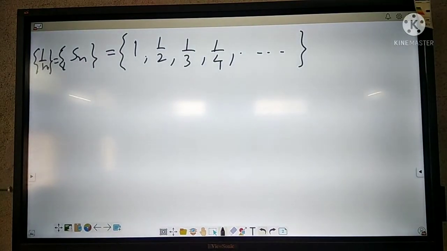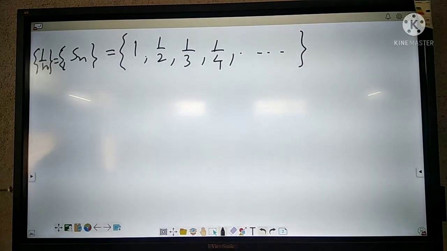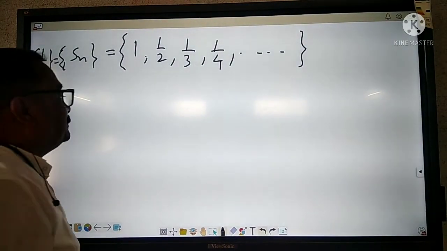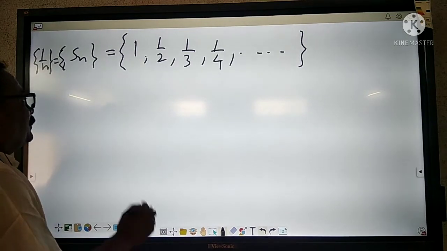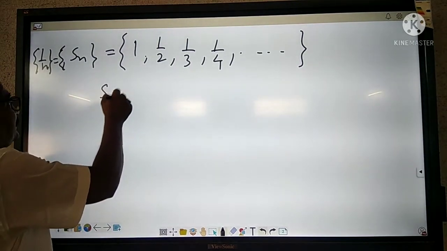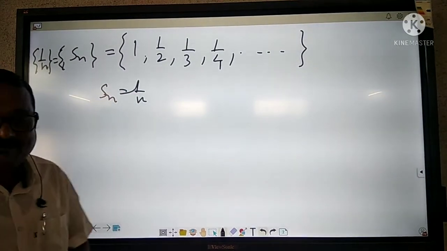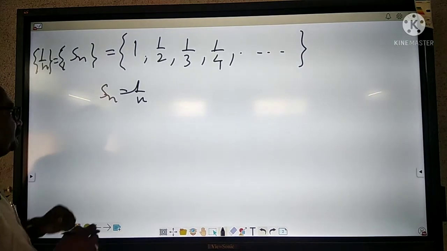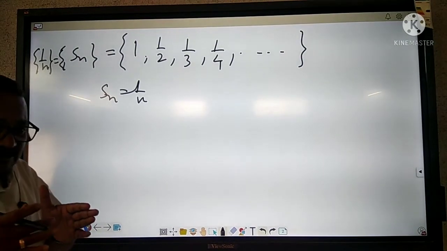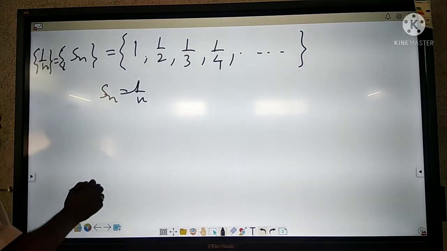We have to find the limit of the sequence. What is meant by the limit of the sequence, we have to learn. See where the terms go; that is the important part. Now see what is meant by the limit of the sequence. Sn in this case is 1 upon n, meaning the nth term of the sequence is 1 upon n. Okay, first we learn the definition of the limit of a sequence.